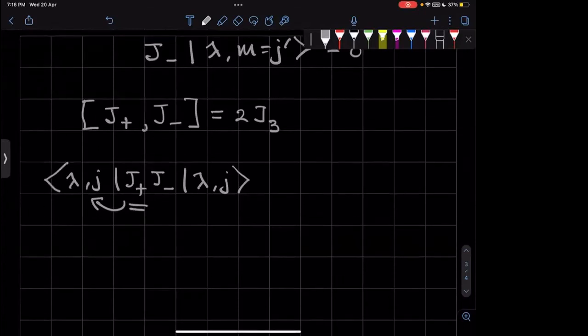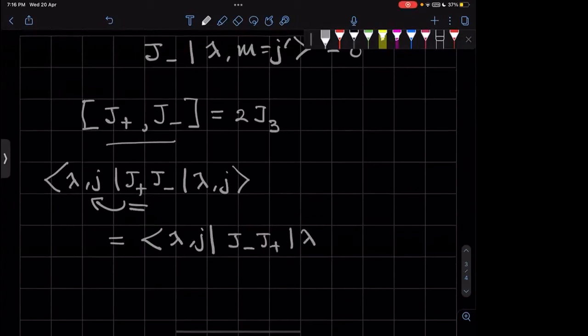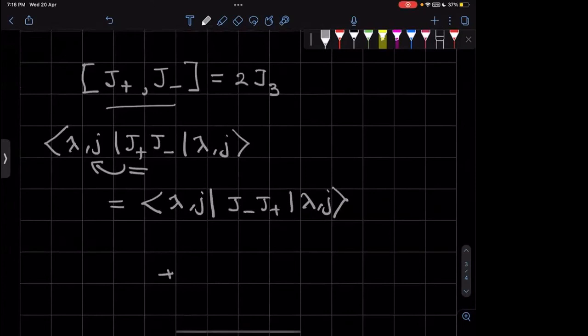So if I do this, then I use this commutation relationship, and on the right hand side, I'm going to get bra of lambda j, [J minus, J plus] lambda j, which is bra lambda j, J minus J plus lambda j plus 2 bra lambda j, J3 lambda j.